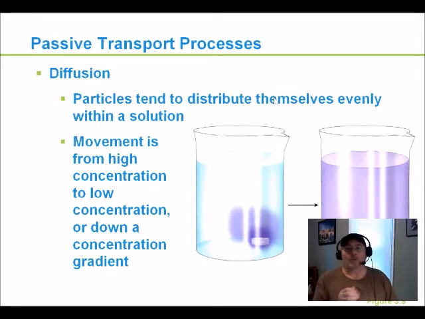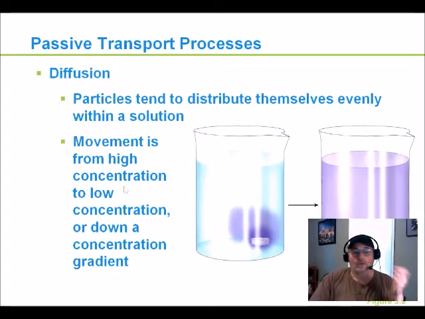Everything kind of vibrates just a little bit. So we have atoms that are just shifting back and forth randomly. And when they do this, they may bump into other atoms, and they can impart energy to them or take energy away from them. But in general, they're just randomly moving and spreading out slowly. So this is what we call moving from an area of high concentration to a low concentration, or down a concentration gradient.